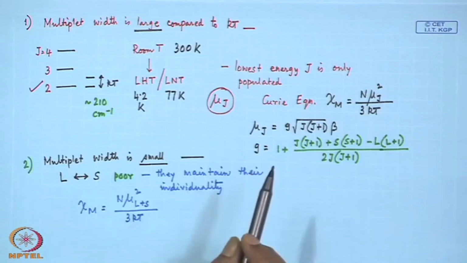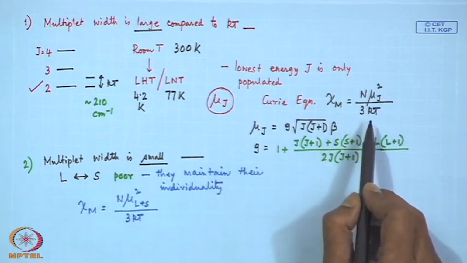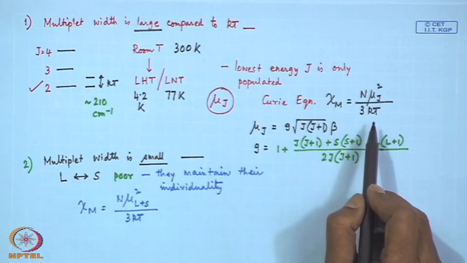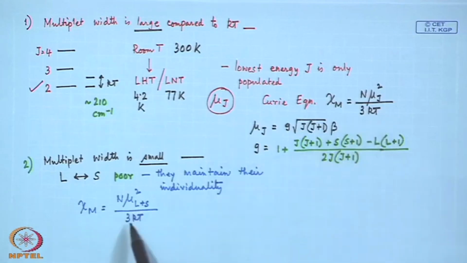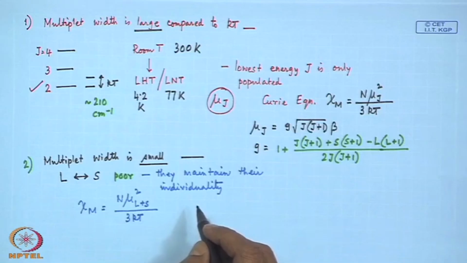That means theoretical prediction will tell us whether the experimentally determined magnetic moment can follow a mu J equation or mu L plus S equation or mu S equation only, because the mu S equation is only valid for spin-only magnetic moment values that is available for the first transition series elements. So this basically gives us the corresponding equation in the form of Curie equation.